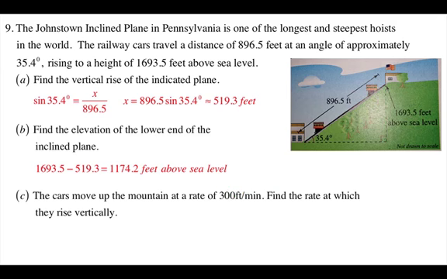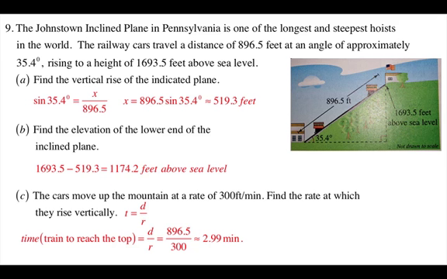The last part says that the cars move up the mountain at a rate of 300 feet per minute. Find the rate at which they rise vertically. So what I'm going to do first is determine the time that it takes for the cars to move up the mountain.